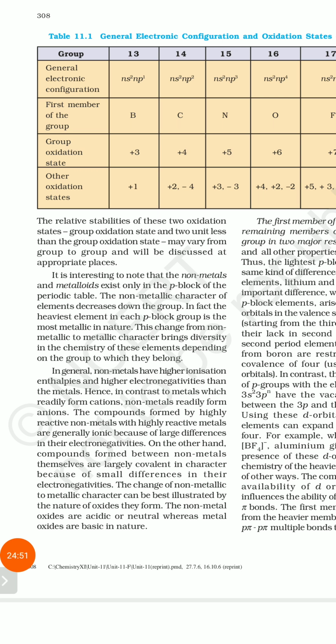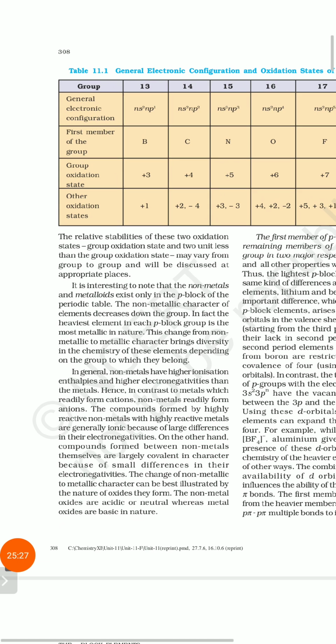Non-metals are present, along with some metalloids also existing in the p orbitals. Right, silicon, germanium, these elements and all.